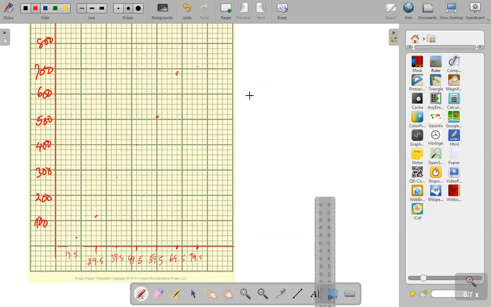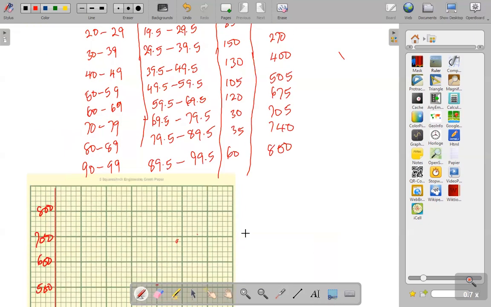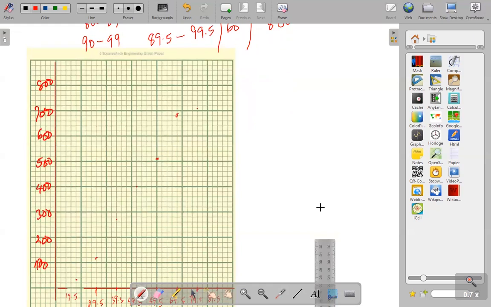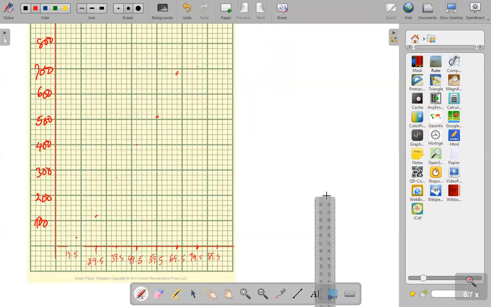Then we'll have 89.5. Count 4 boxes again: 1, 2, 3, 4. Right here. 89.5. What is the cumulative? 740. Trace that line to 740.